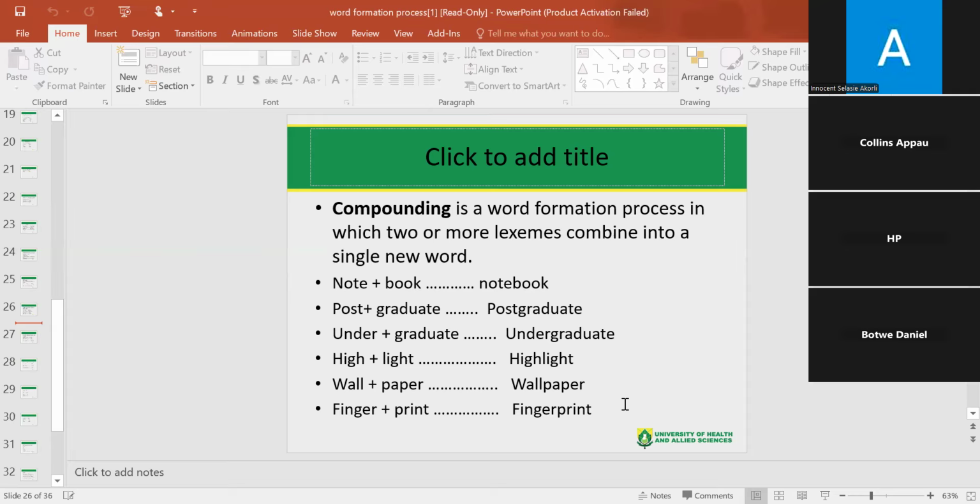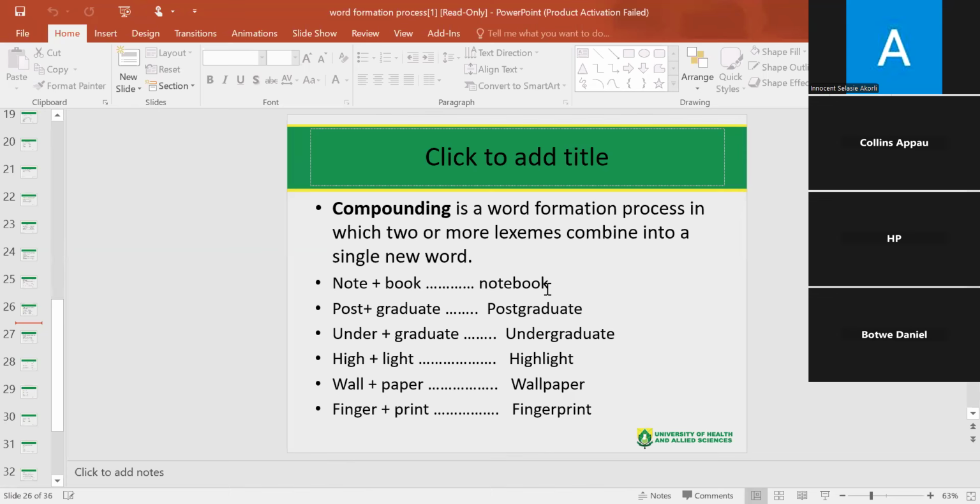Now, I'll post to you a PDF file, a document which you can read. Then you will see that there are three categories of compounds. Compounds that are written as one word, they put them together, no space, no hyphen. Some of those are the things we have here, like notebook.